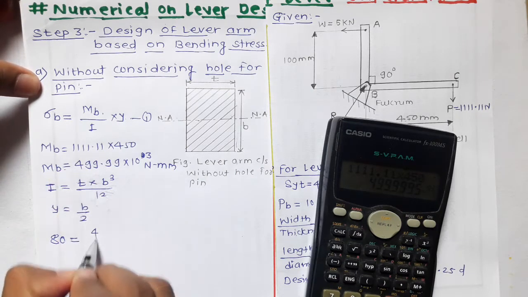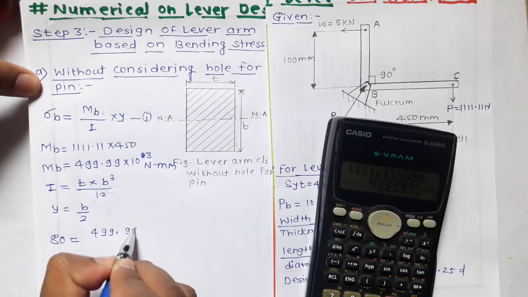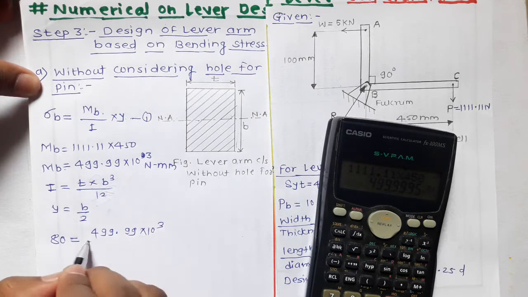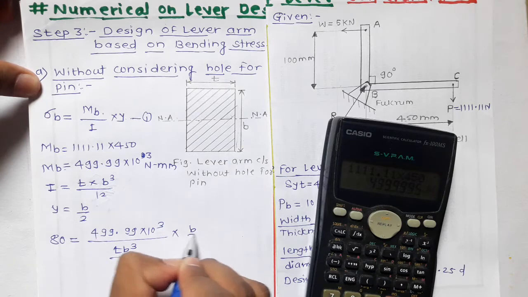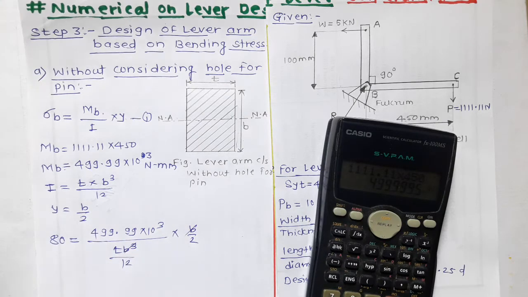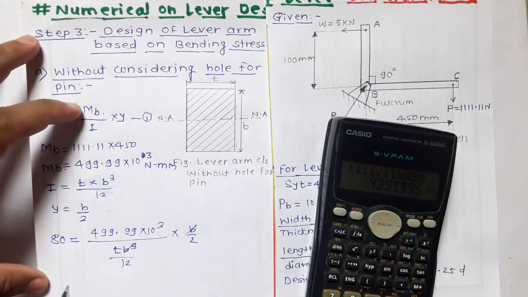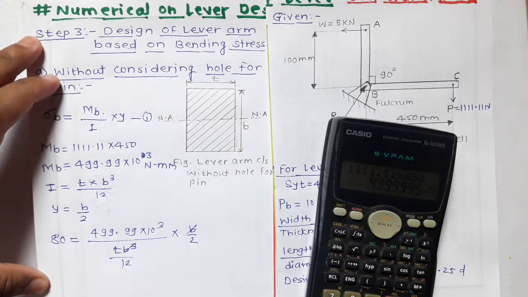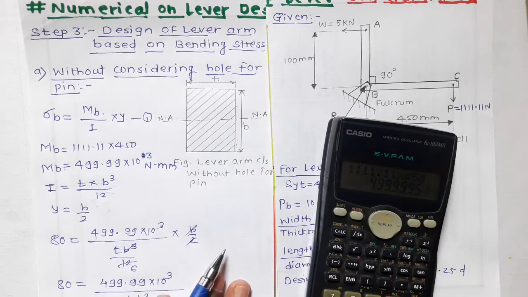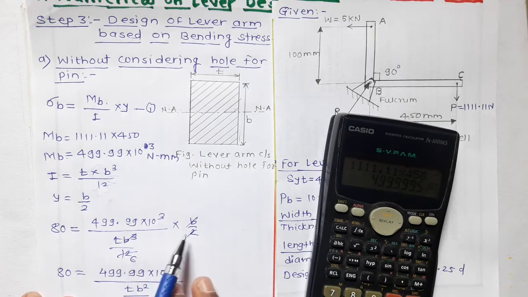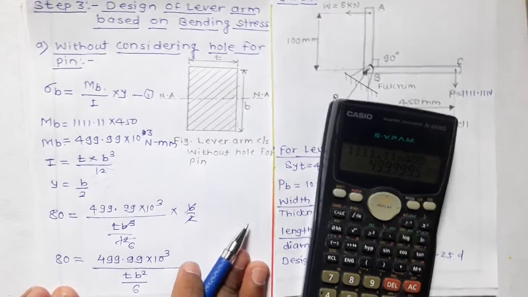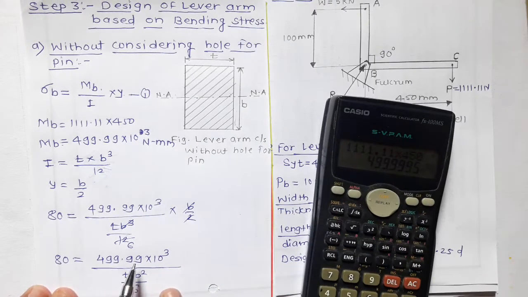MB is 499.99 into 10 raised to 3 upon I is T B cube upon 12 and Y is B upon 2. Let us cancel one B, so you will get the modified equation. This is the modified equation after cancelling one B and dividing 12 by 2. So this equation is 80 is equal to 499.99 into 10 raised to 3 upon T B square upon 6.